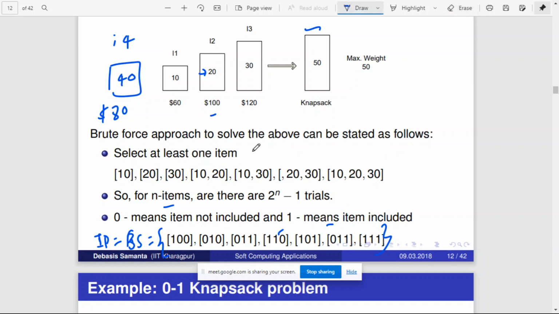Leave out all zeros. You have 1 0 0 0, 0 0 0 1, all these combinations, everything, up to 1 1 1 1. So totally you will get 15. This is nothing but the initial population. Here the initial population is represented using the binary encoding scheme, right?